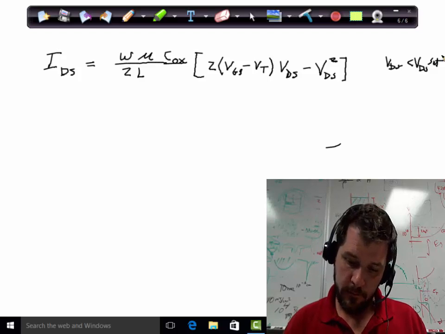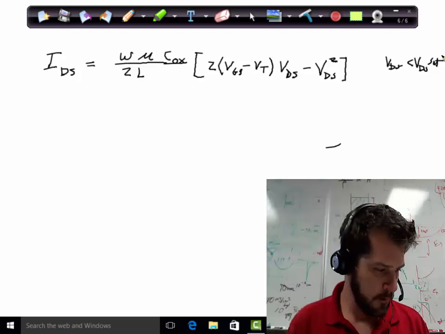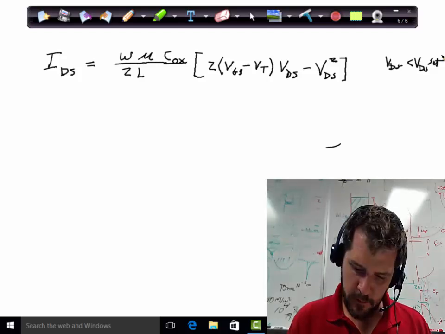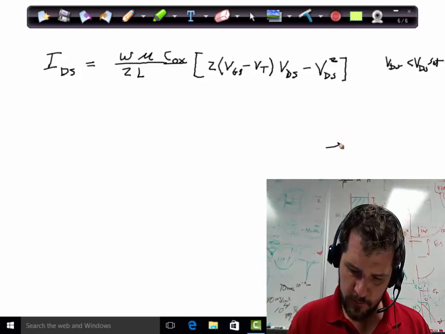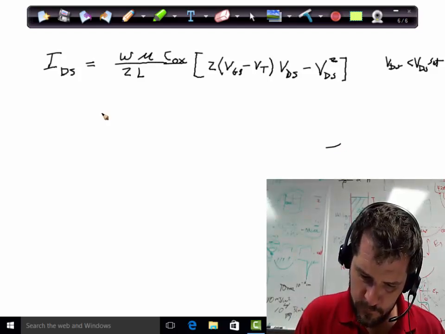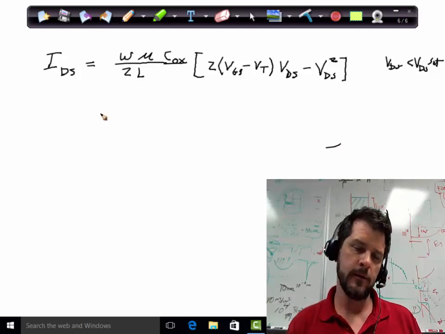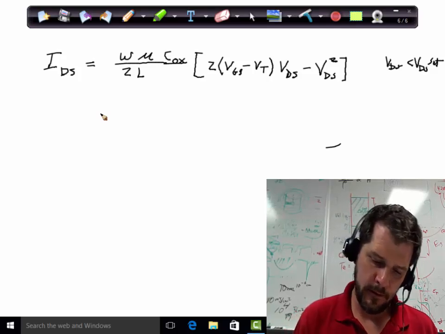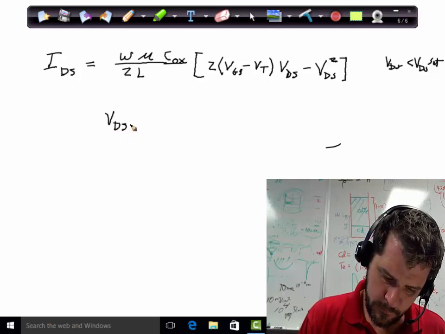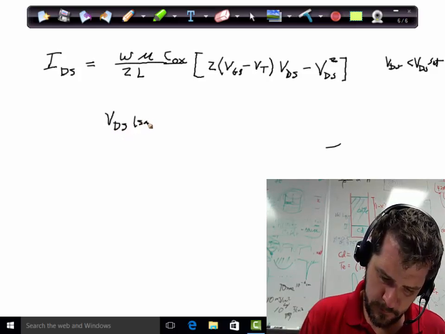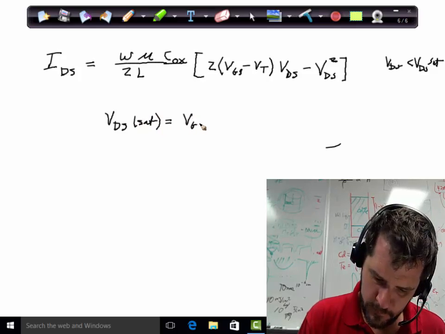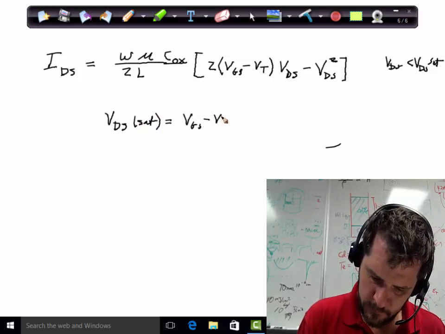So let's look at the condition for saturation first, and one way to do that is to sort of analyze the transistor in a little more detail than I want to go into here, but the result is that VDS sat equals VGS minus VT.